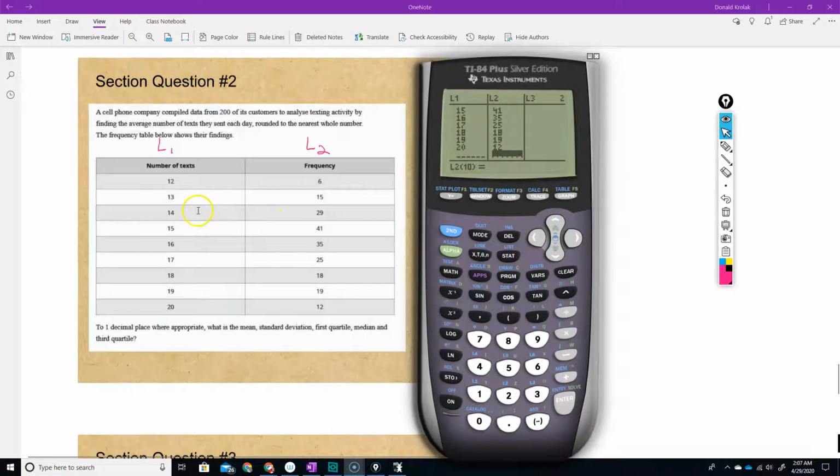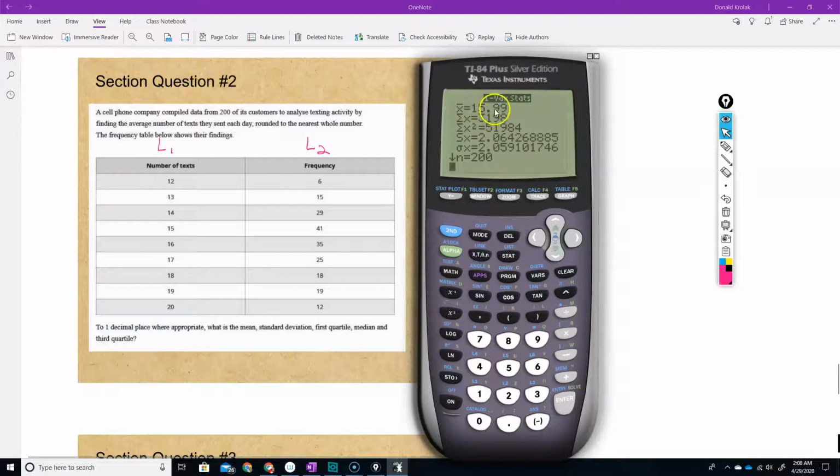So for my next question, it's just like the previous one, except it's asking you for the mean along with the standard deviation, the first quartile, the median, and the third quartile. So I already put the data in. This was L1, L2, and then it's simply stat, calculate, one variable statistics. My list is in L1, my frequency list is in L2, go down to calculate, bam, and there's my information.